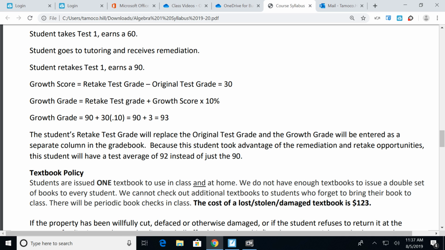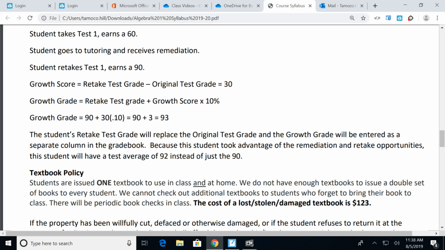So let's talk about what goes in the grade book. First, I'm going to calculate the gross score. And that is calculated by taking the new score, subtracting the original score, so I can get the growth amount. So how many points did you grow from the first time you took it and then the second time you took it? In this case, the student grew by 30 points. From a 60 to a 90 is 30 points.